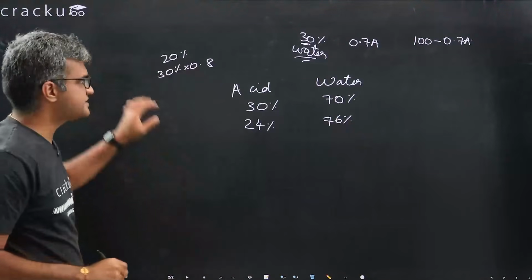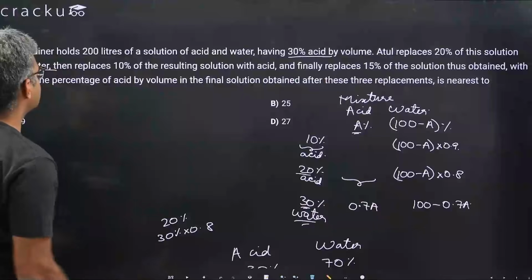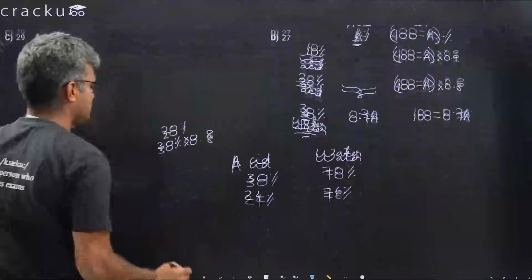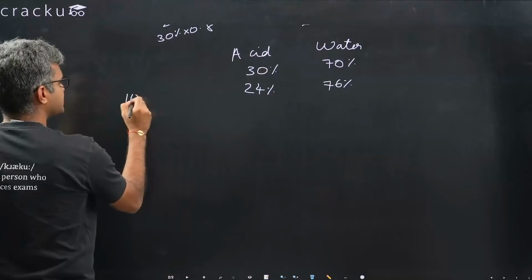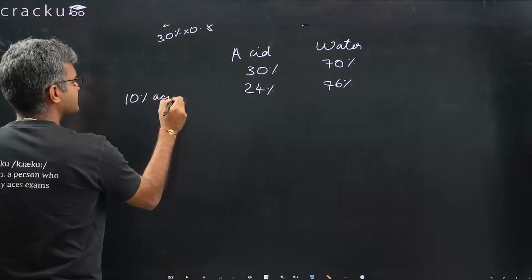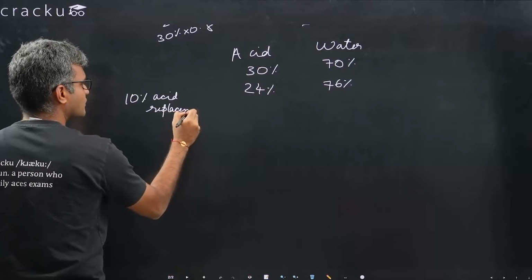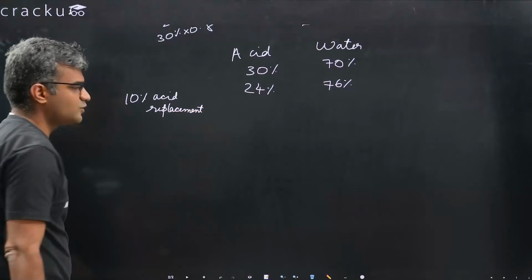This is after the first replacement. After that, 10% of the resulting solution is now replaced with acid. Now we are having 10% acid replacement. If you are replacing it with acid, the percentage of water decreases. And what does it become?